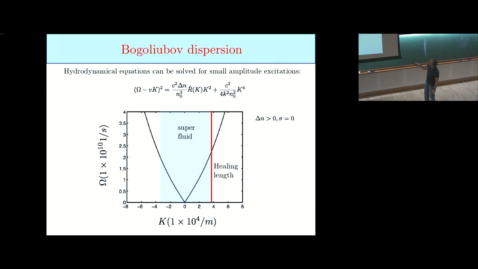You have a term here which is squared, and this one is to the fourth power. So if I take a square root, there's a quadratic scaling with k. This is what is often called quantum pressure in the superfluid community. It's due to the fact that at some point the particles or the components of your fluid cannot stay too close together. There's a repulsion force.